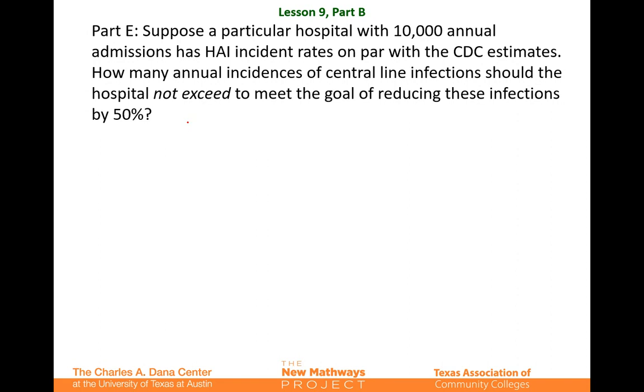We know that 4.5% get some type of hospital-acquired infection. 4.5% of 10,000 patients is 450 patients a year.